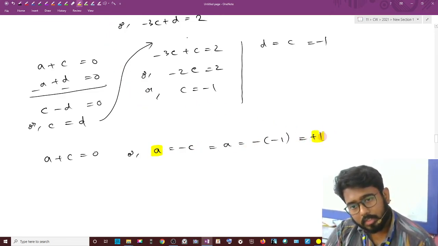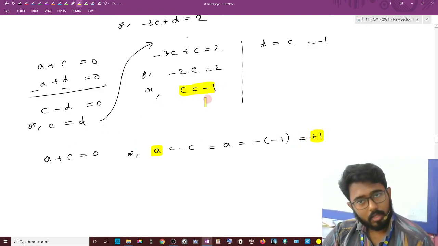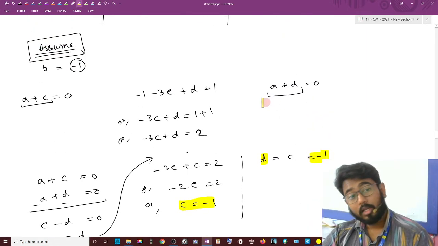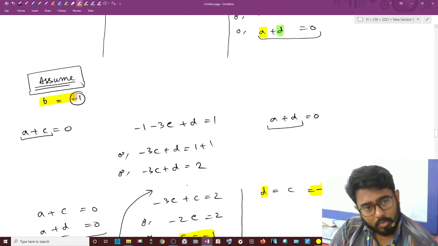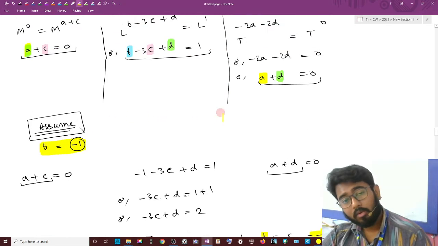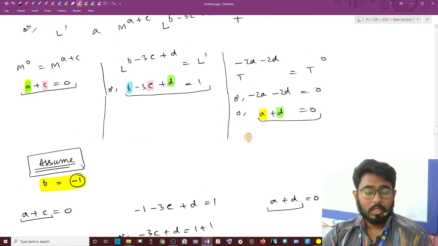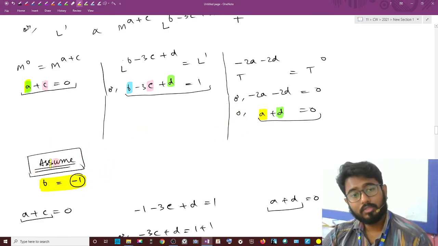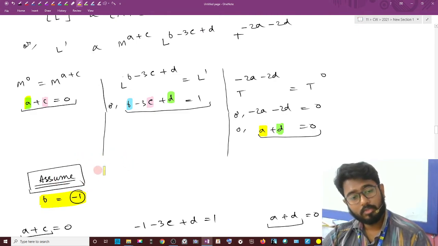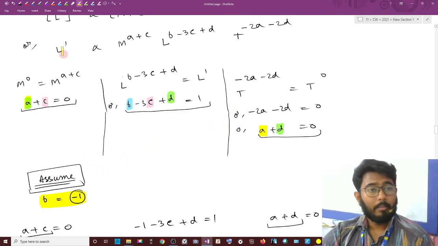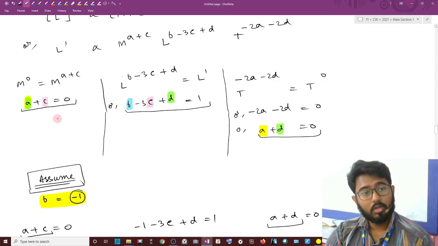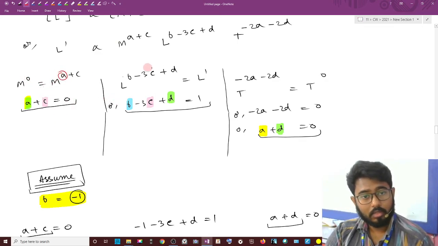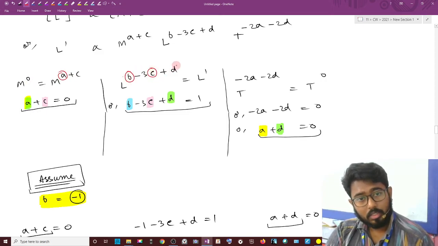We have got a's value, we have got c's value, we have got d's value. We have got these values, and to find these values we had to assume b equals to minus 1. Now why did we assume b equals to minus 1? The reason is that the equation I was given had 4 variables a, b, c, d.